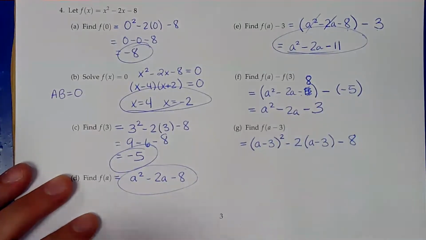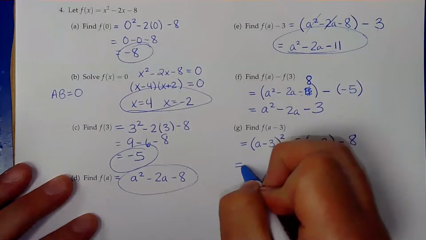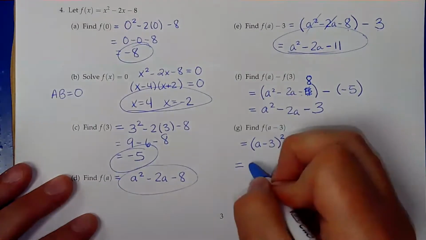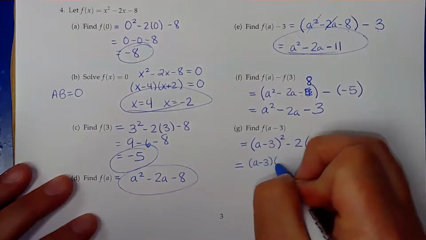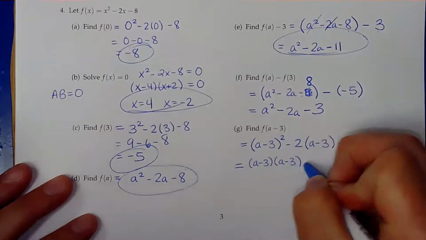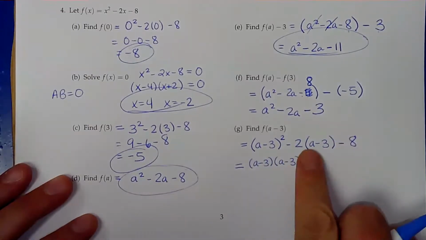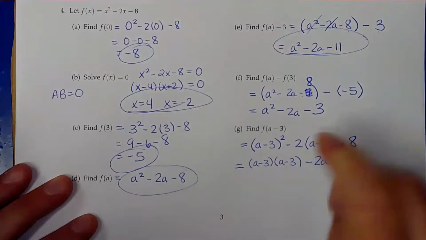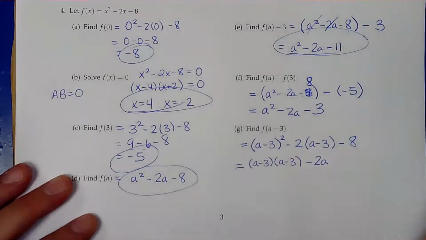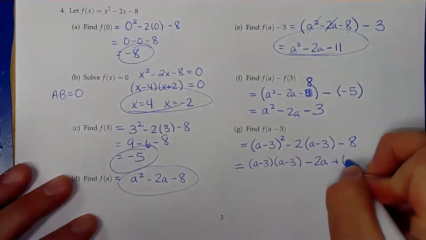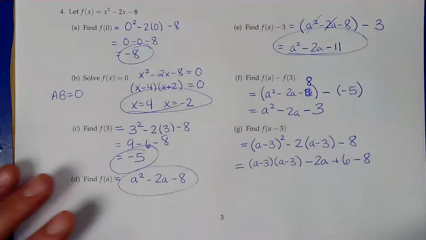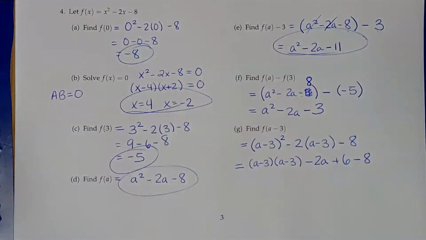All right, so we need to combine all the like terms. To do that, we need to multiply this out. So this is a minus 3 times a minus 3, minus 2a, then minus 2 times a minus 3 gives me a plus 6, and then minus 8. All right, so that's what I have so far.